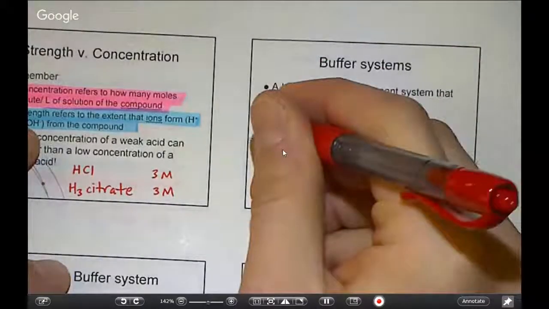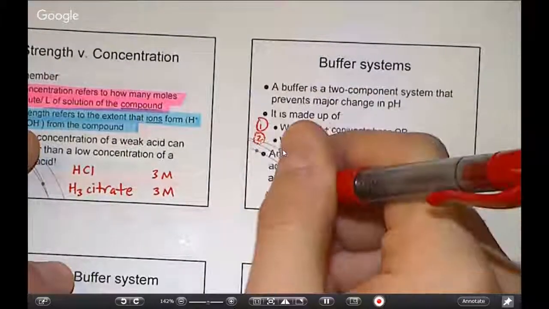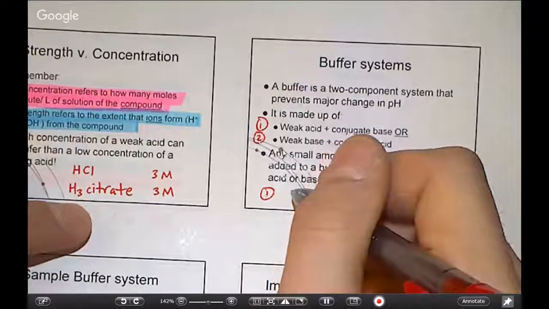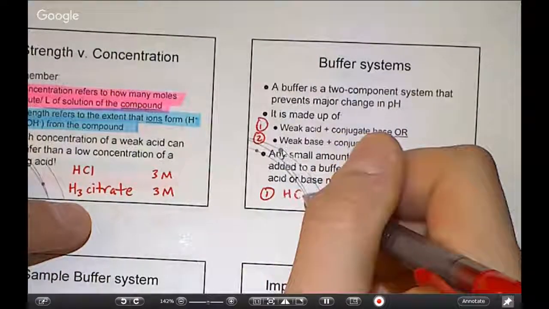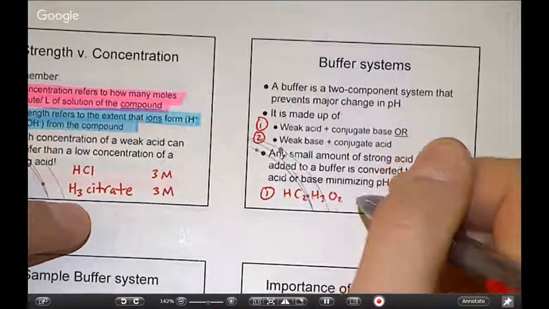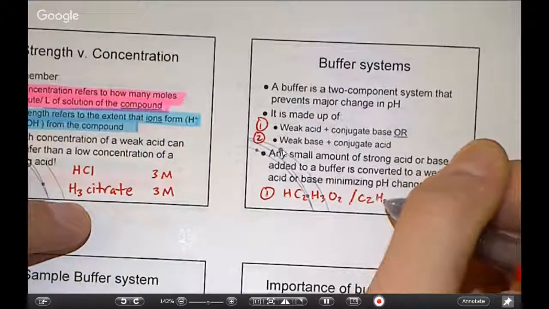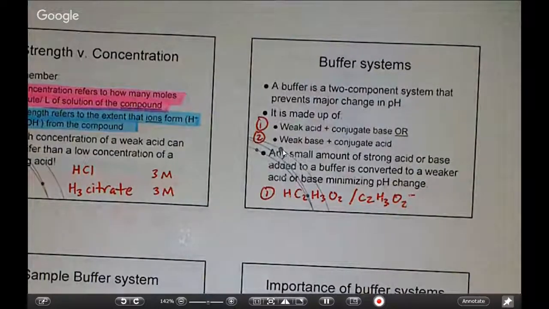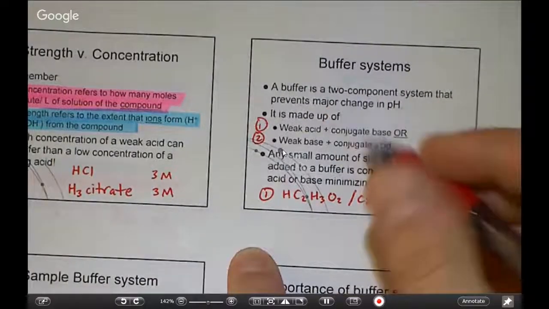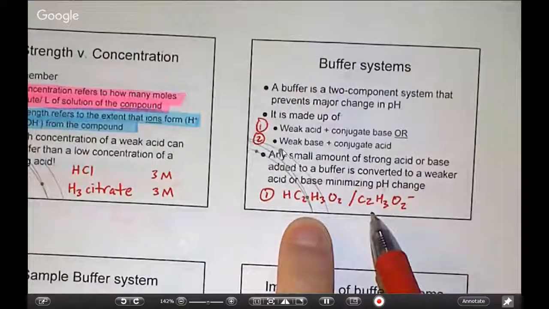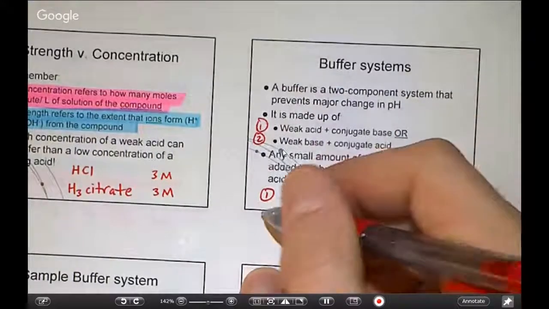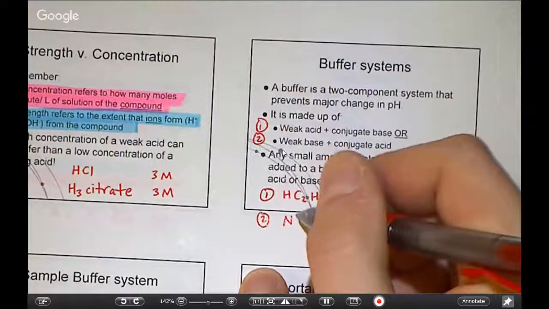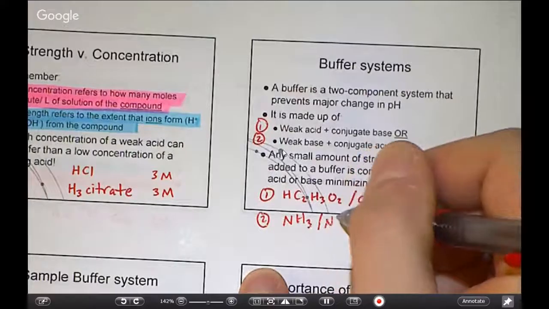For example, acetic acid and acetate, which would be in the form of sodium acetate, but sodium is a spectator ion, so it really doesn't matter if we write it out. And 2, the other option for a buffer is a weak base and its conjugate acid, which really could be this, but flipped around. Or maybe we're more familiar with something like ammonia and ammonium.